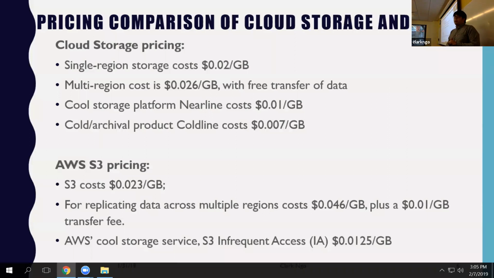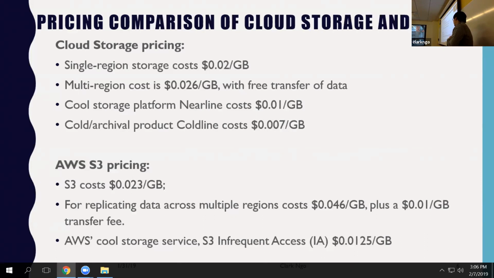If you compare the AWS Glacier, it will be 0.004, which is cheaper compared to Coldline of Google Cloud Storage, which is 0.007. But aside from that, regular storage is 0.02 for Cloud Storage, and S3 is more expensive at 0.023 per gigabyte of storage.